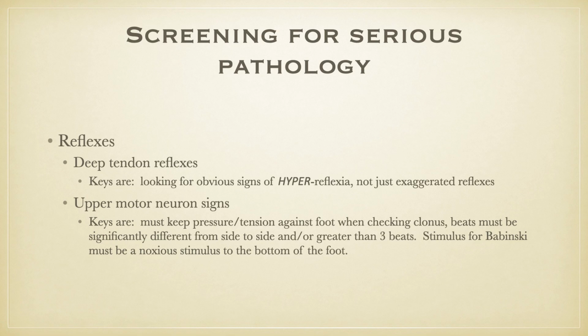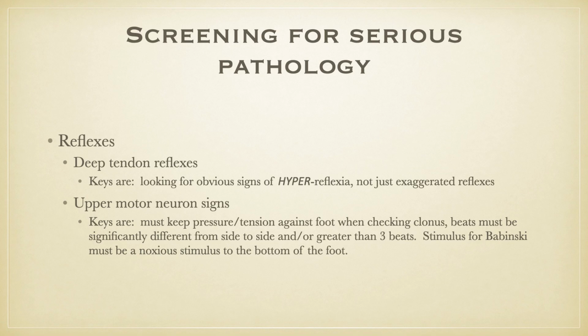Other motor neuron signs you want to look at would, in this particular case for clonus, you need to make sure that you keep pressure, tension against the foot when you're checking for clonus. You can't just push on it really quick and then let that pressure off, because you'll get a false negative. So you need to rapidly dorsiflex the ankle and maintain that pressure to determine is there any clonus.